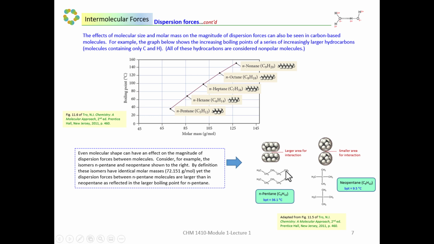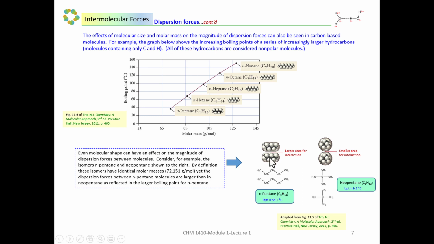Can't do much about that without distorting this diagram horribly. The point here is that the shape of n-pentane is such that when 2 n-pentanes line up next to each other, there's a pretty big surface area of interaction between the two, so there's a large area for dispersion forces to operate.